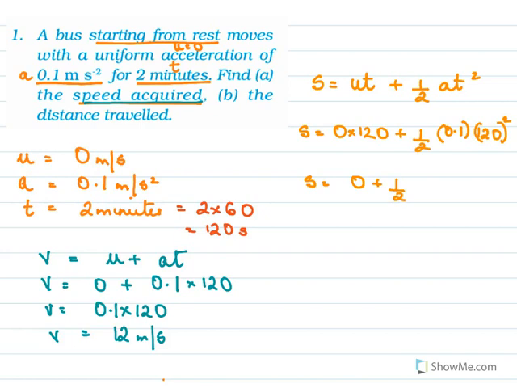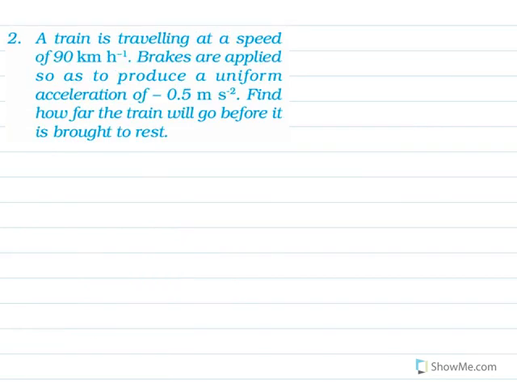So s is 0 into 120, which is 0, plus half into 0.1, I'll put 1 by 10, and this is 120 into 120. Now when you reduce this, you get your s, that is your distance, as 720 meters.